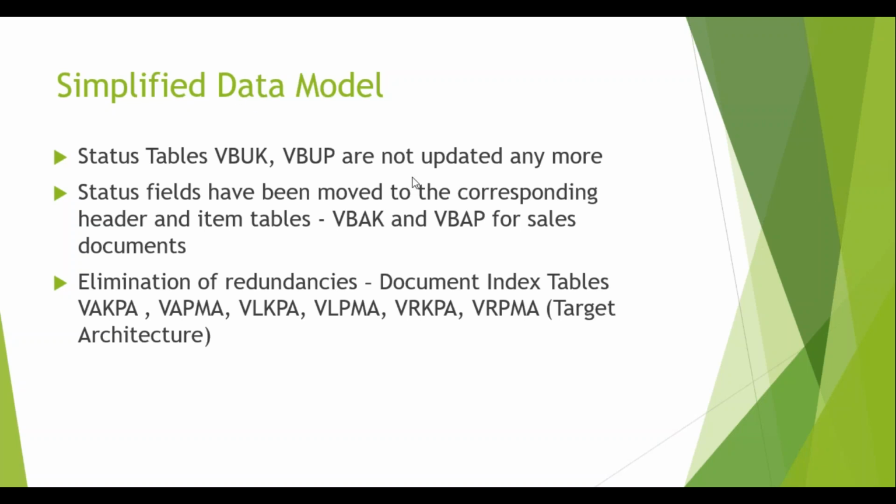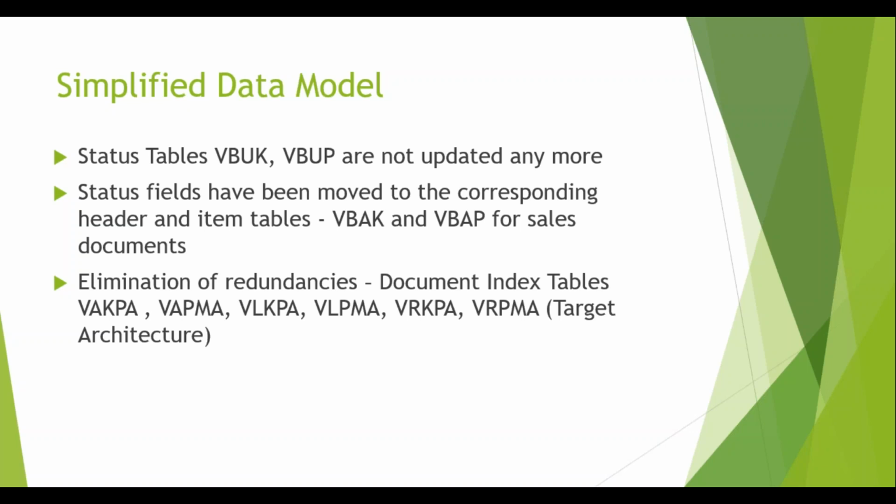VBUK and VBUP used to store the status related information in one table. Now in SAP S4HANA, we don't need a separate table for status information. Till now we were using separate tables altogether, VBUK for header information and VBUP for line level information. Now we don't need status information to be available separately.